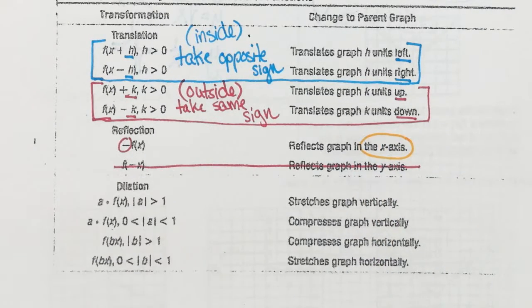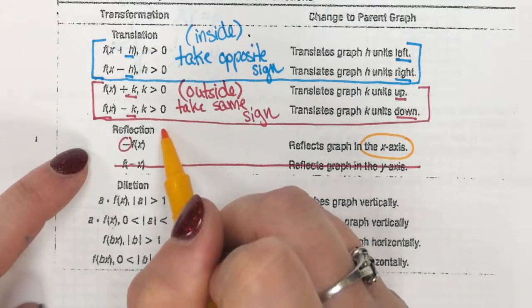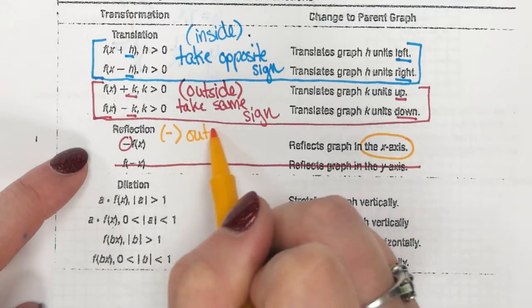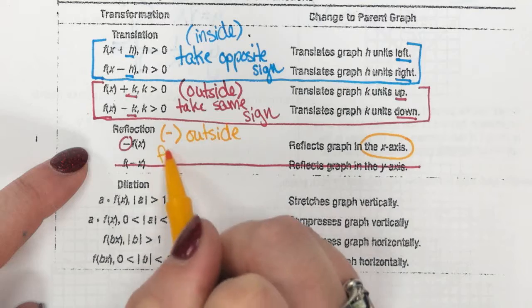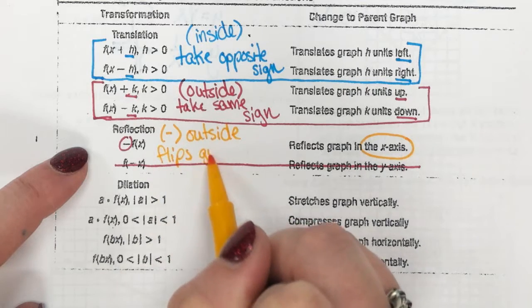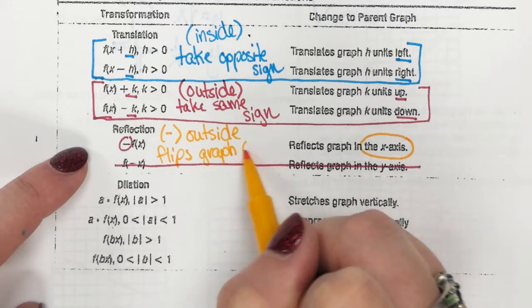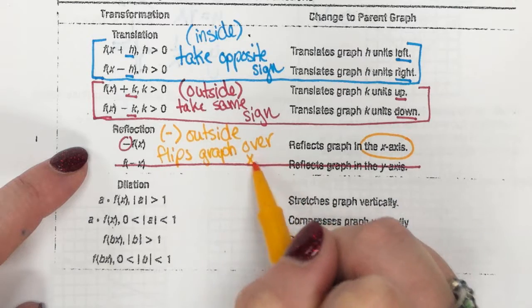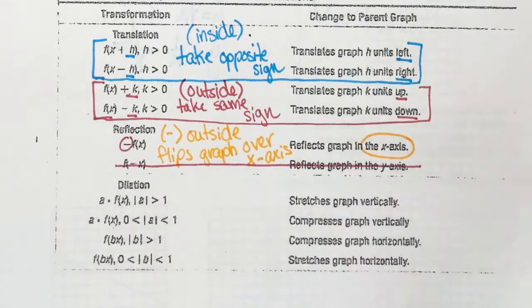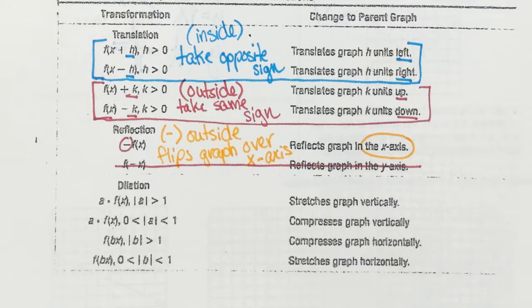The x-axis. So we have negative outside, flips graph over x-axis. Y'all okay so far?